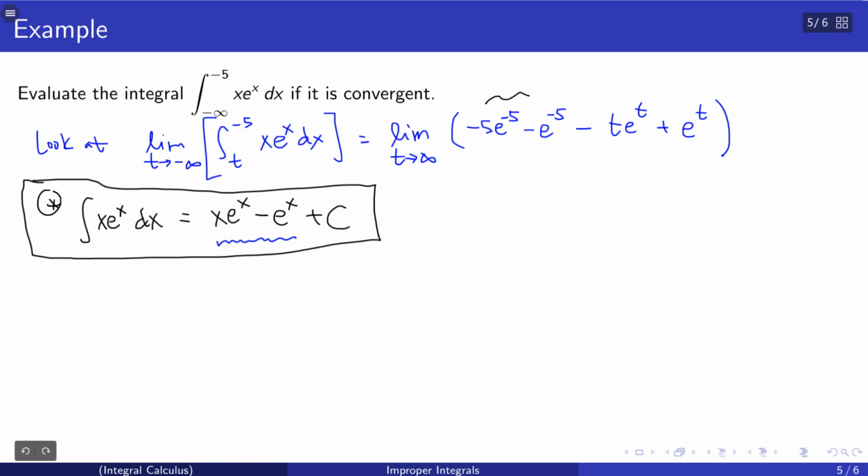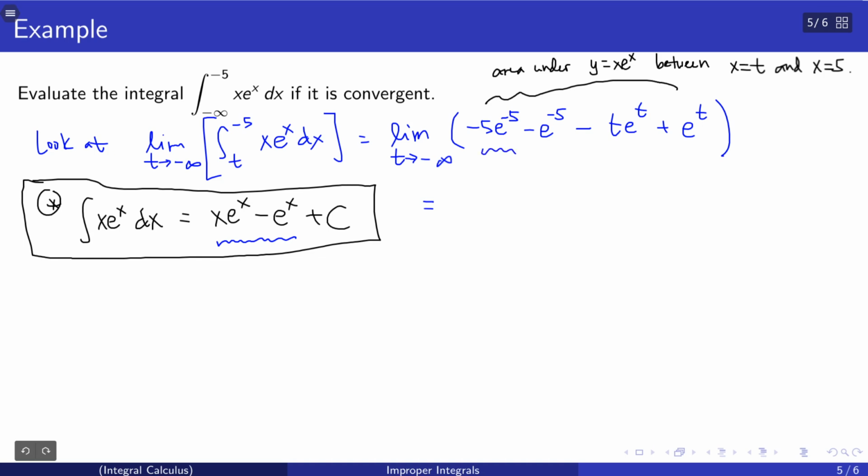And this whole thing is now the area under the curve of y equals x e to the x between x equals t and x equals minus 5. Right? And now what we're going to do is we take the limit as t goes to infinity. Sorry, this should be minus infinity.